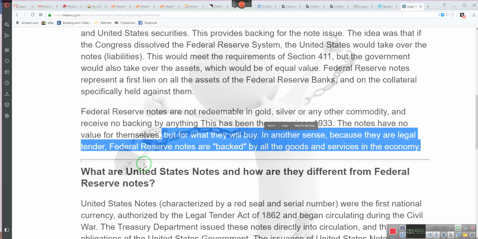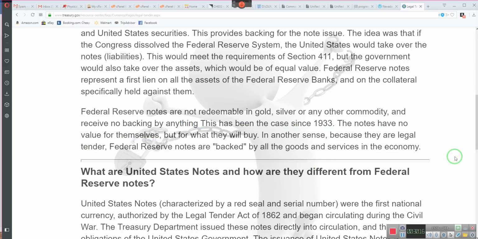In another sense. Nonsense, because it doesn't agree. So it's nonsense. It is nonsense because they are not backed by anything. Goods and services of the economy. Where in law does it say goods and services have value?